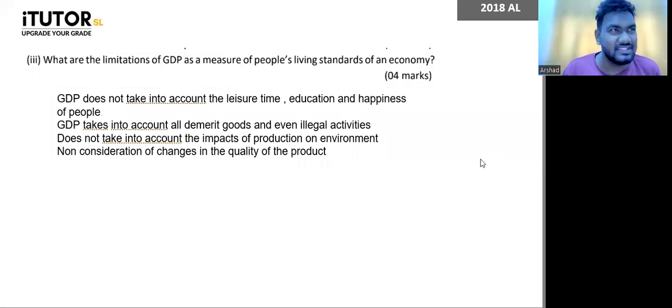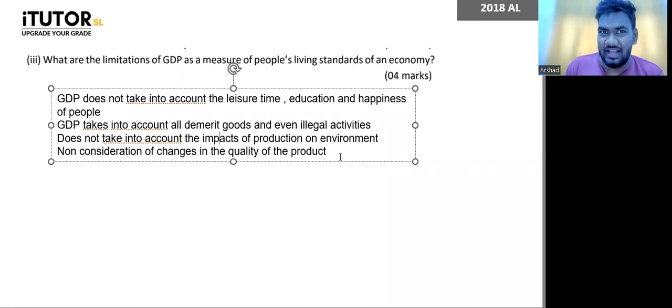This housewives point you can include, but since they are not asking just for the limitations of GDP, they're asking for the limitations of GDP as a measure of people's living standard, I will say not to put that.